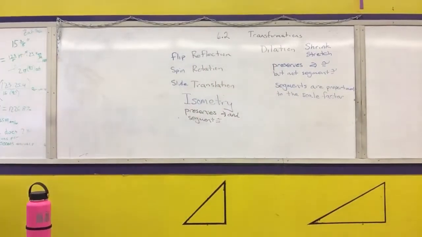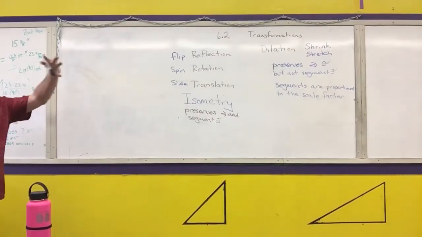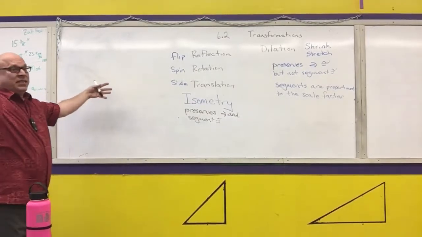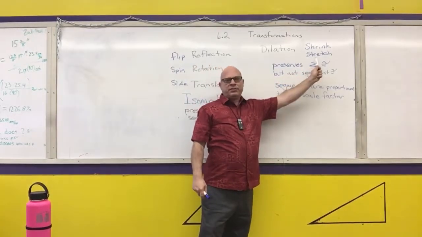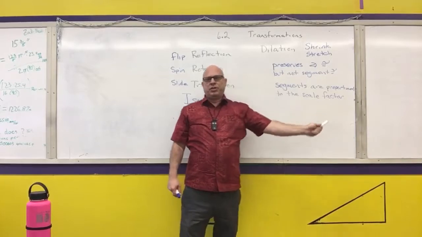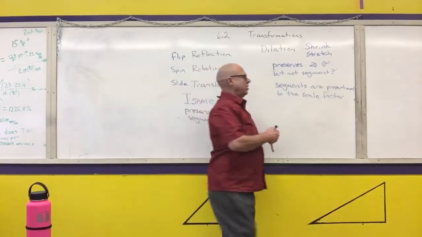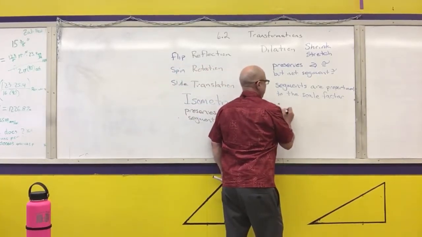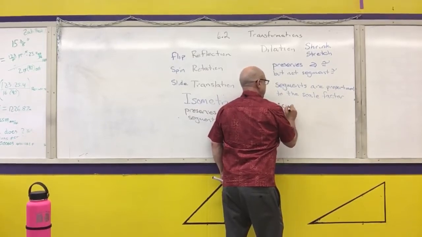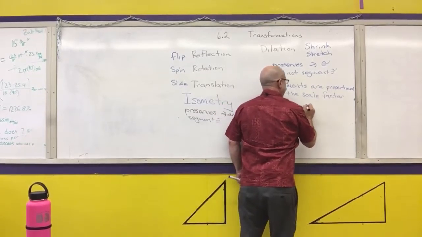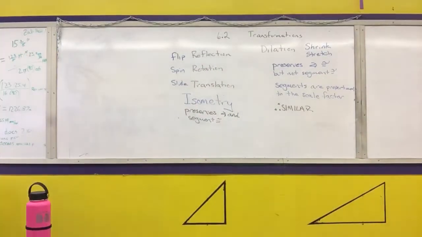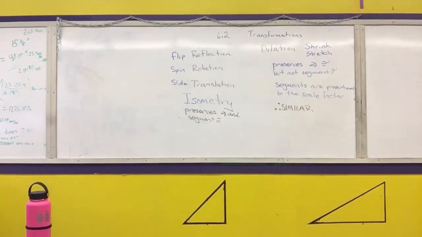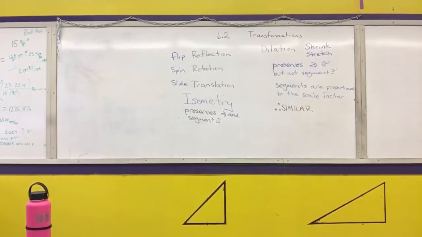So if I have a scale factor of 2, that's a dilation that's going to make the thing bigger. If I have a scale factor of 1/2, it's going to make it smaller. And if something preserves angle congruence and the side lengths are proportional, that means those two figures are similar. Those three dots in a triangle are the word therefore in math. So therefore, those figures that you get from a dilation are going to be similar figures.